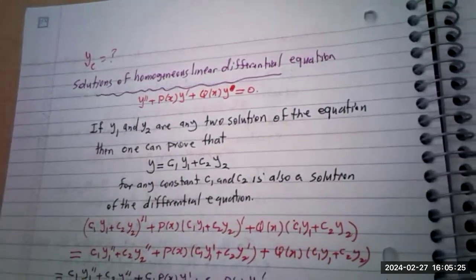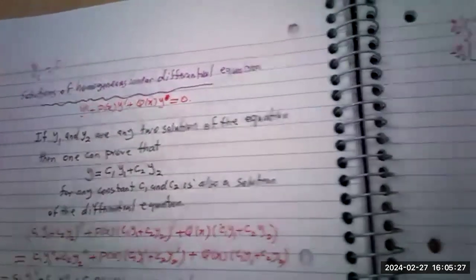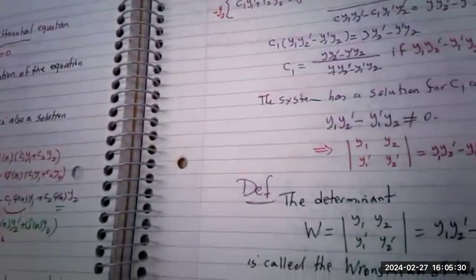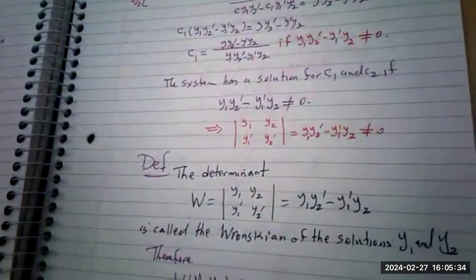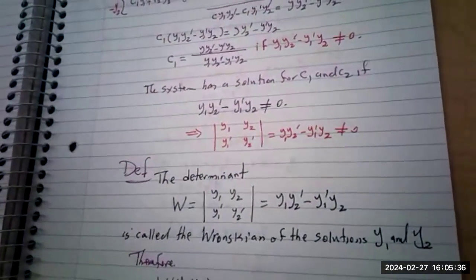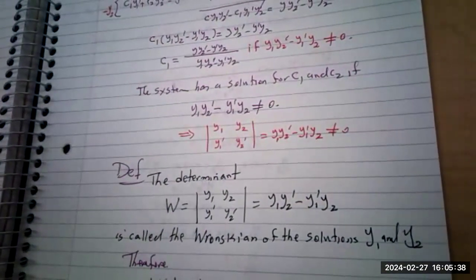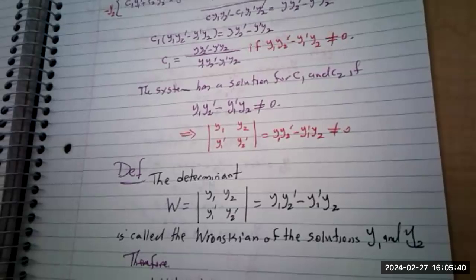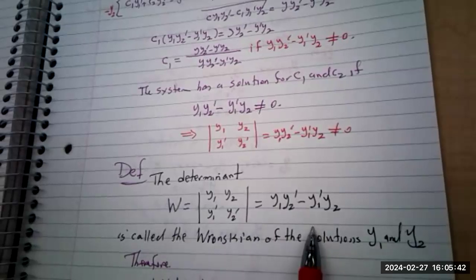We proved it. In the course of the proof, we arrived at what condition we need. To guarantee that Y1 and Y2 generate all the solutions of the equation, they must satisfy this condition.